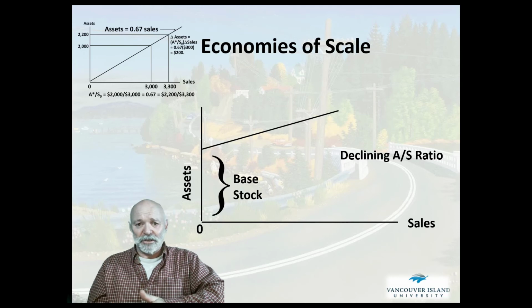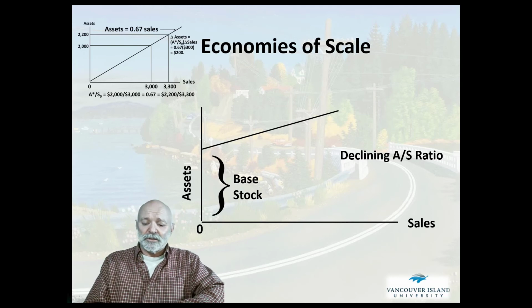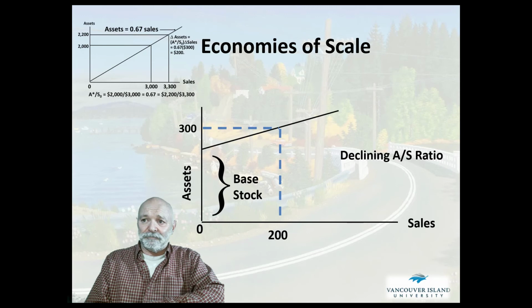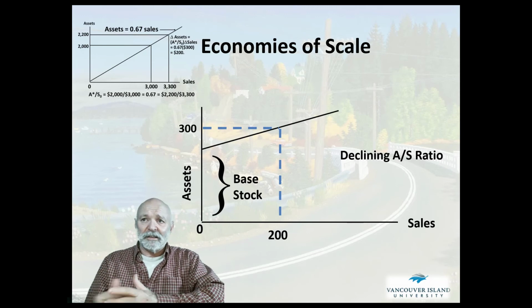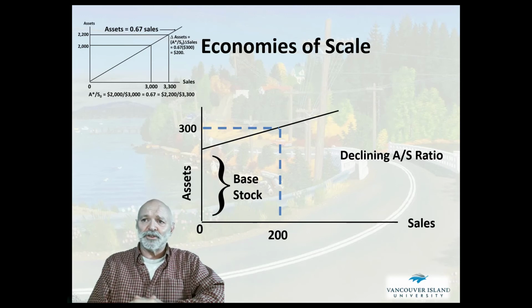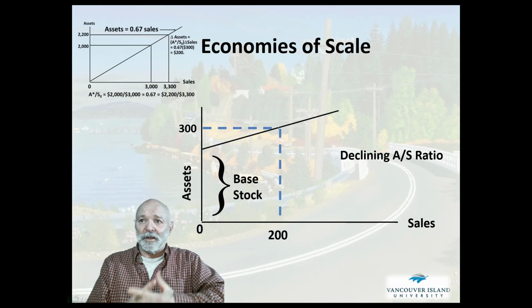And then we add machines as we go along. So if that's going to be our base, and slightly different example with slightly different numbers on this axis. If we are doing $200 million in sales, say we need $300 million in assets. That means we have about a 1.5 asset to sales ratio.